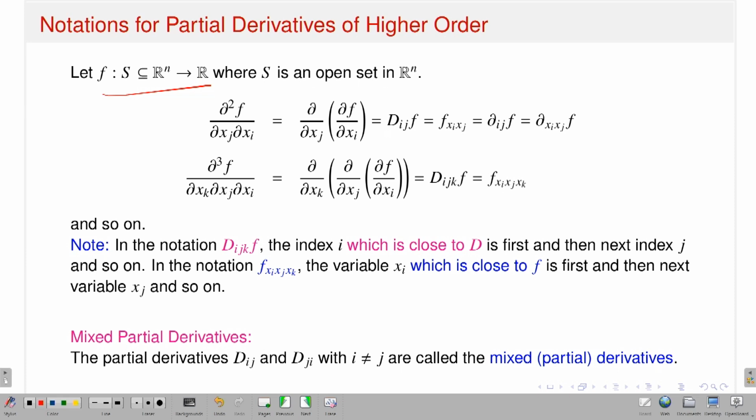Suppose the first order partial derivatives exist, that means del f del x1, del f del x2, these objects exist. So, del f del xi exists for i equal to 1 up to n.